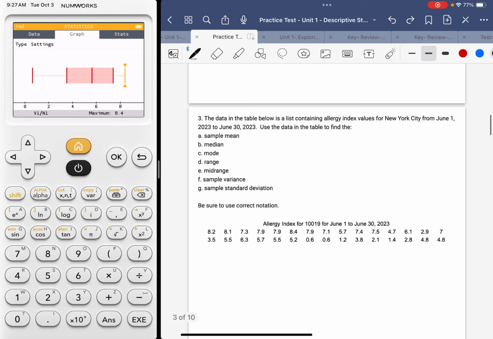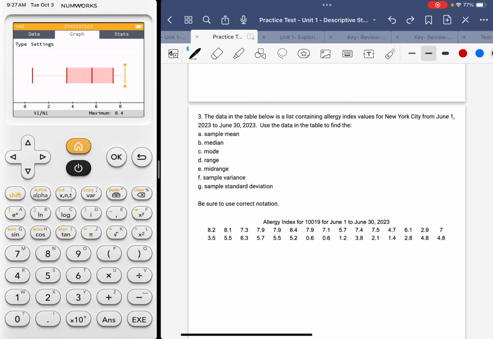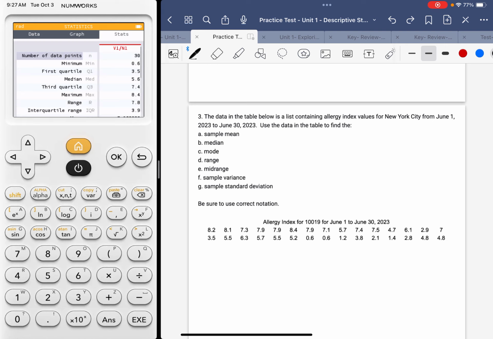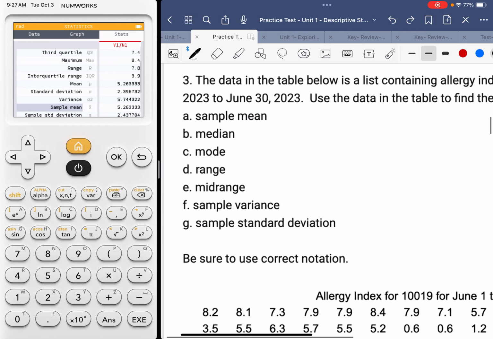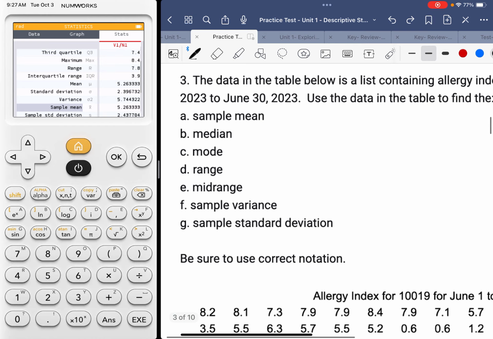Same data set, find the sample mean, median, mode, and so on. So let me go up into stats. Sample mean, we're rounding to 3 significant digits, so X bar, oh, that moved on me. Let me just change the setting real quick. All right, so X bar, that's the symbol for sample mean, 5.263.